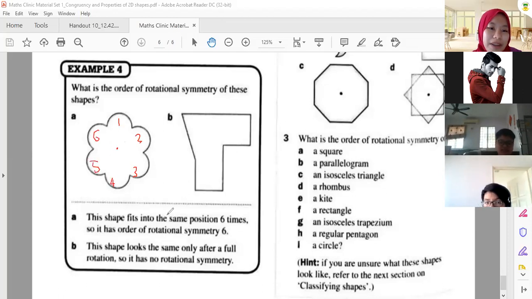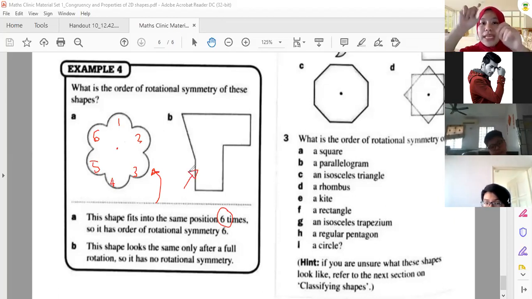This shape has the same position 6 times, so the order is 6. This one doesn't have any, so the shape will only get back to its original place. It will look the same, right? So each shape has at least 1 order of rotational symmetry. It cannot be 0. It's 6.